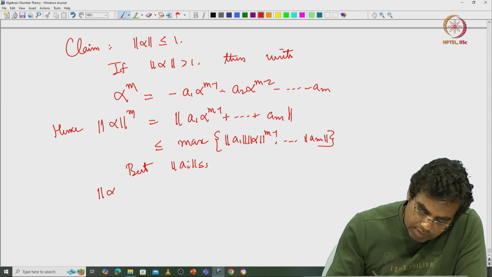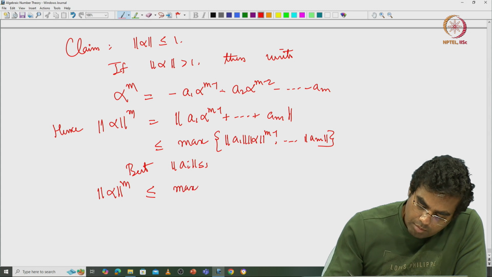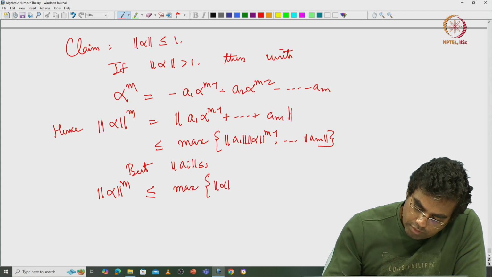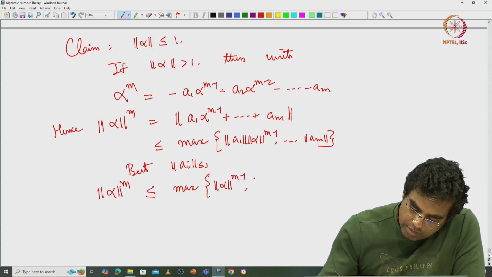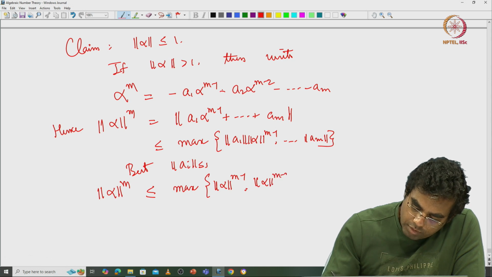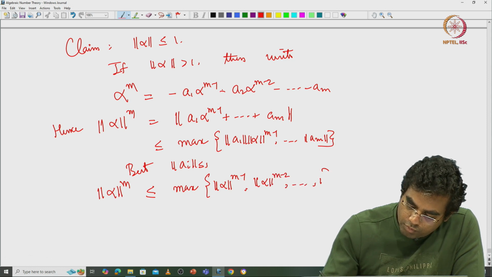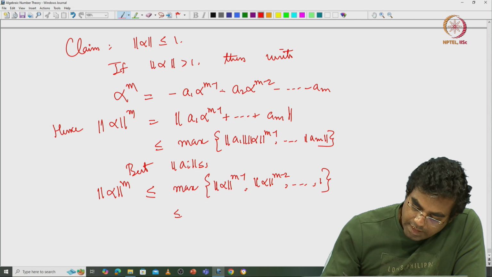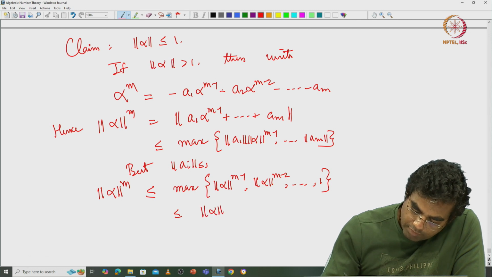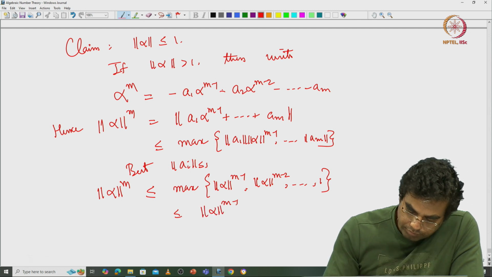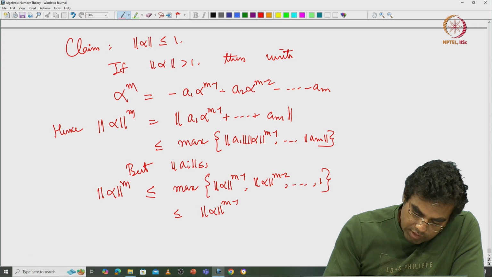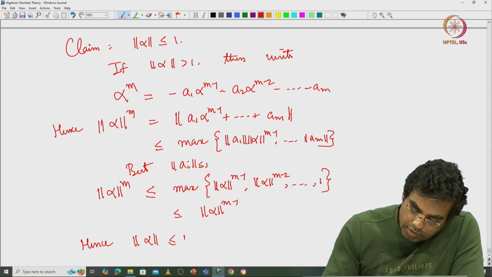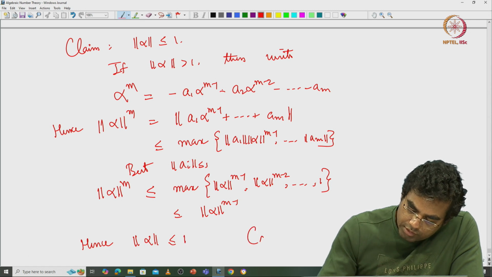So I can rewrite this as valuation of alpha to the m is less than or equal to max of valuation of alpha to the m minus 1, valuation of alpha to the m minus 2, and so on up to 1, which is less than or equal to valuation of alpha to the m minus 1, which is hence what we get: valuation of alpha is less than or equal to 1. That is a contradiction, right.